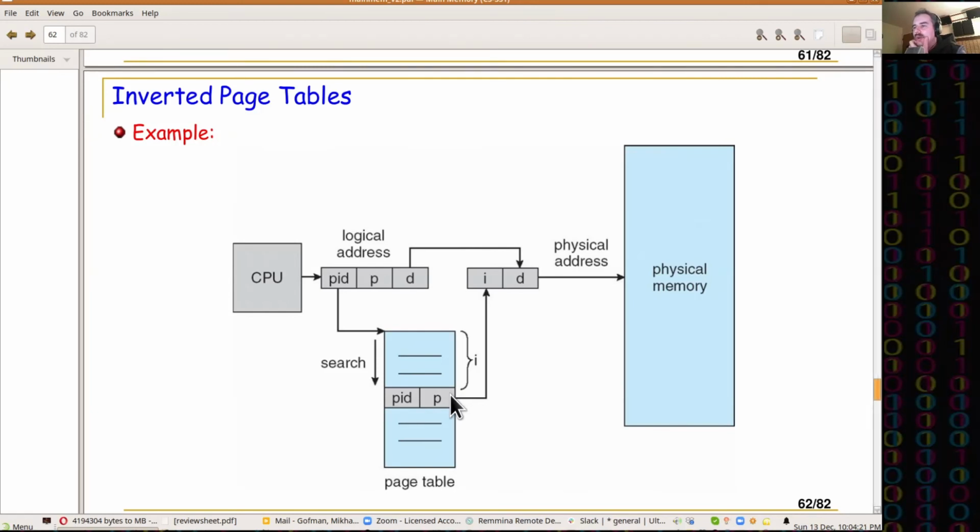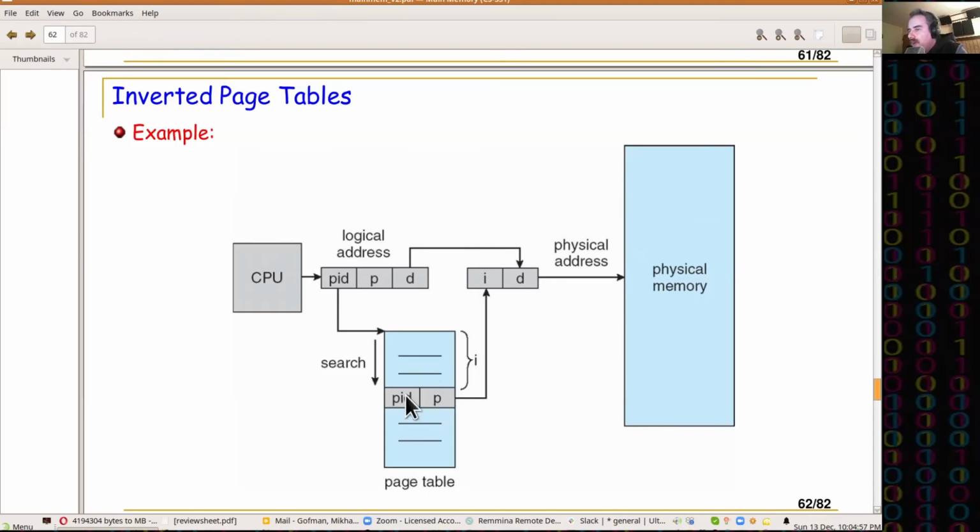So how do we do lookups in the inverted page tables? Well, we have to search the entire page table until we find the entry which matches the process ID of the process that has requested a virtual page and the requested virtual page. So we're going to linearly search this array until we find an entry where the PID matches the PID of the requesting process and matches the virtual page number of the requested page.